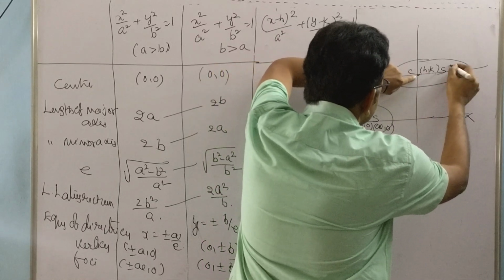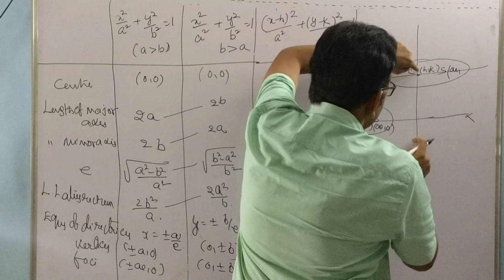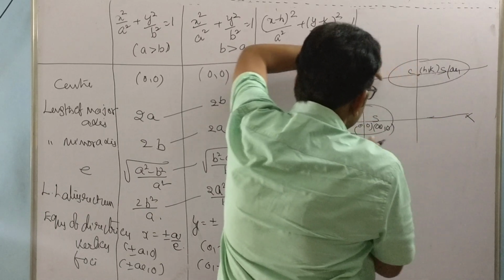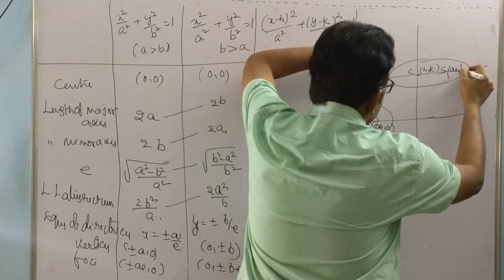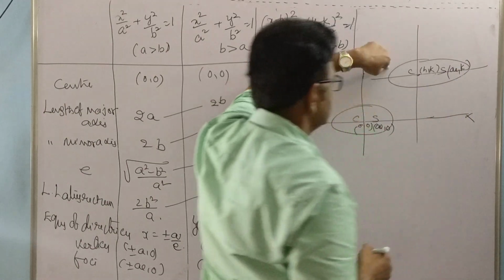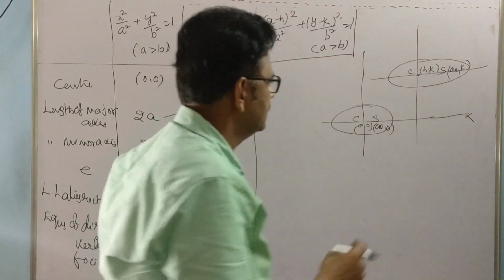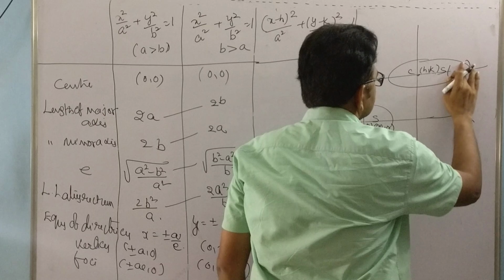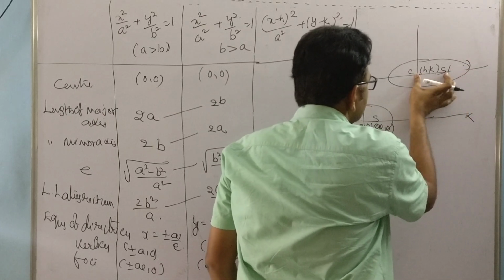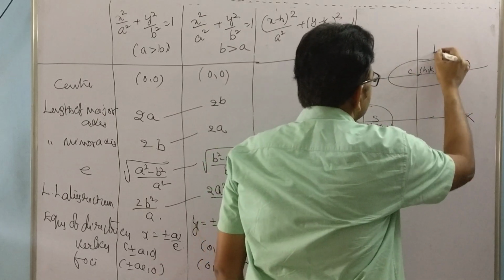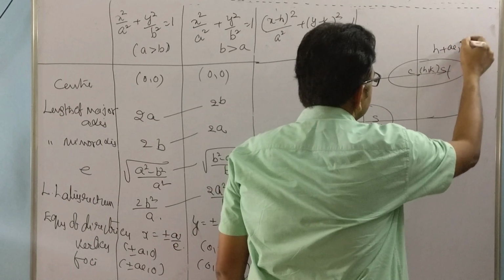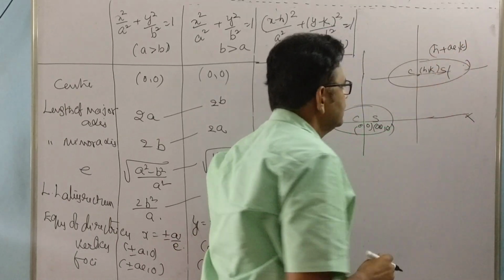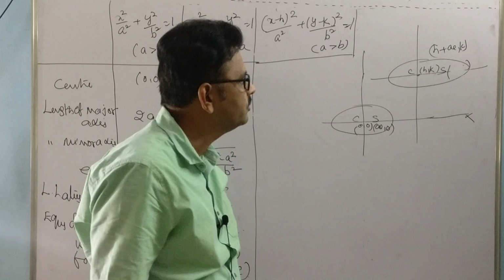So S coordinates are h plus ae, k. These are the coordinates of focus.